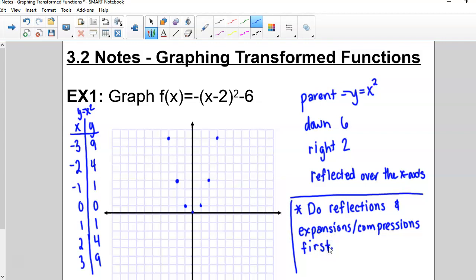Okay, so you have to do reflections and expansions or compressions first if you have them.